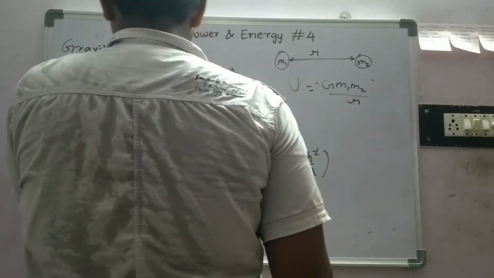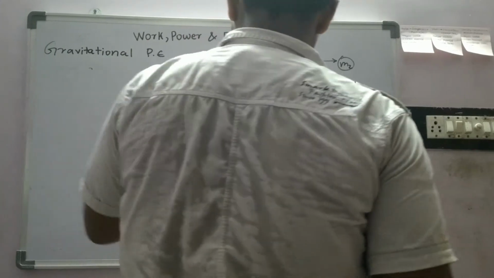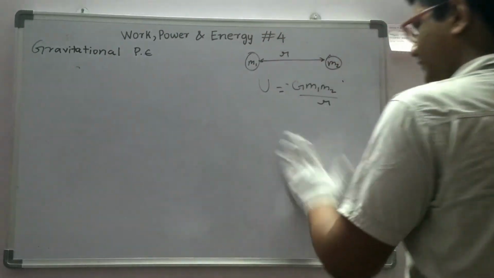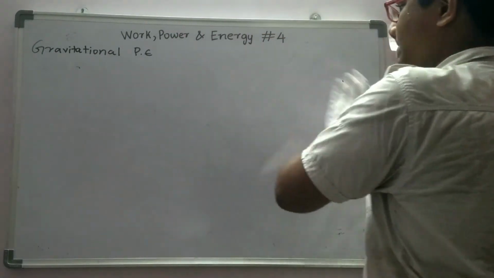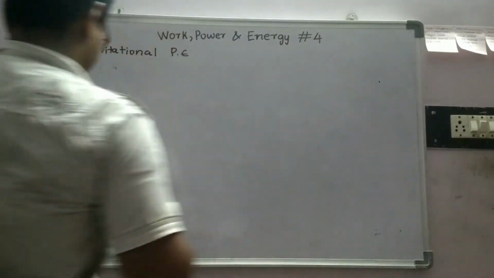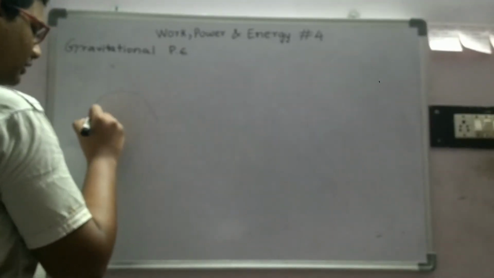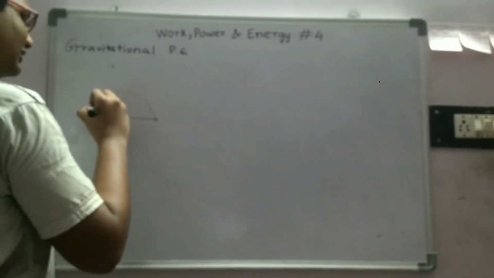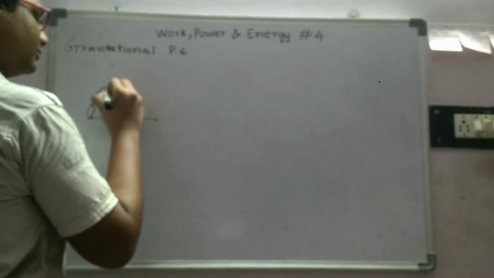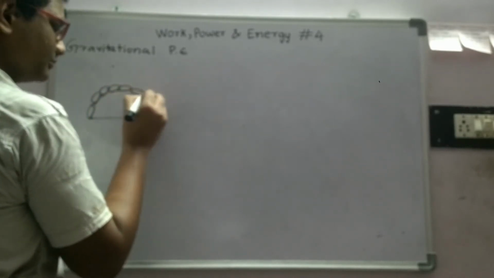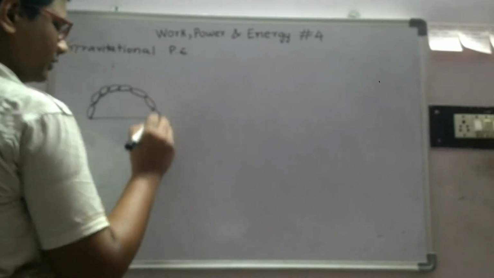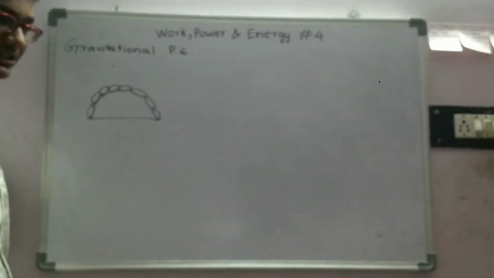Now, imagine a chain placed on a semicircle. Find its potential energy.